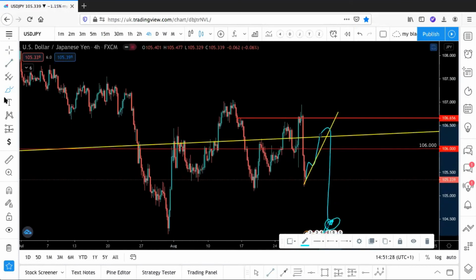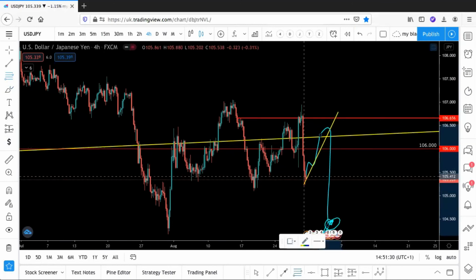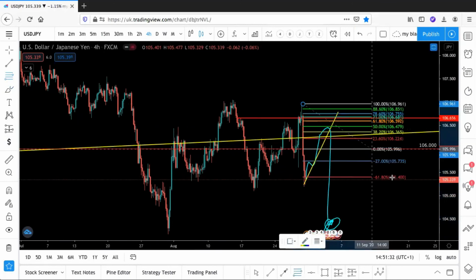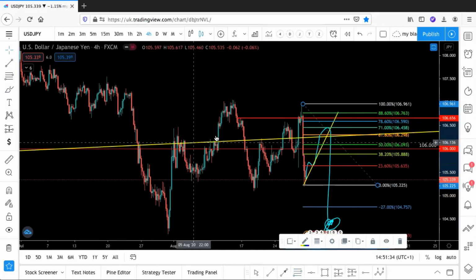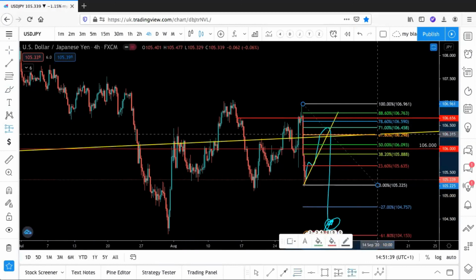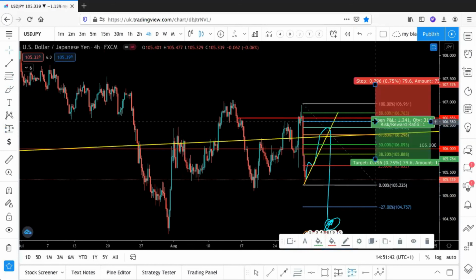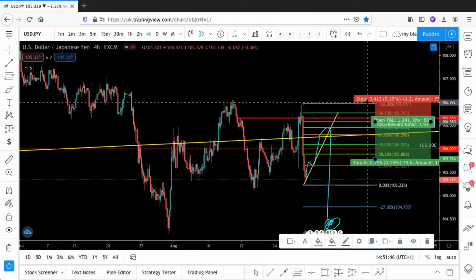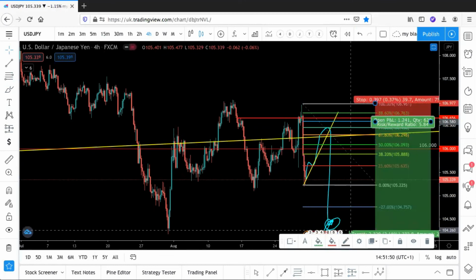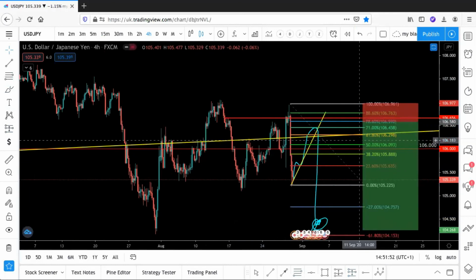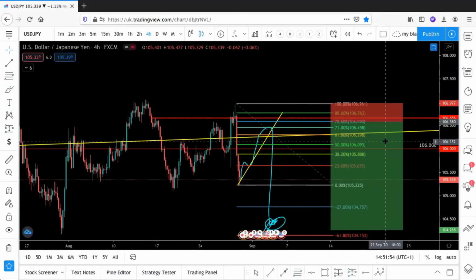So, see that fib 71, 78%, we could anticipate a short position on USD-JPY like this. So this is a potential setup.